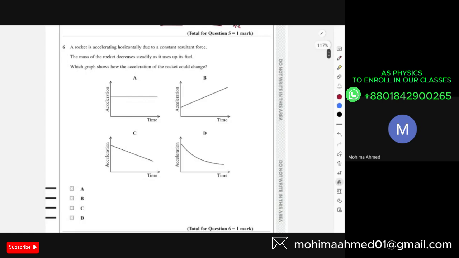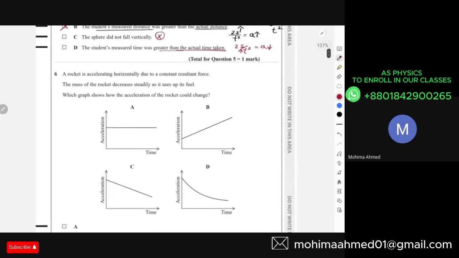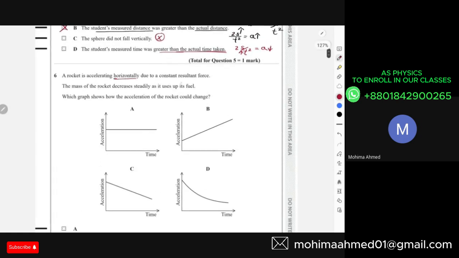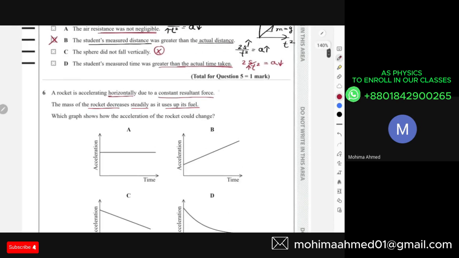Okay, then if you move on to your question 6, a rocket is accelerating horizontally due to a constant resultant force. The mass of the rocket decreases steadily as its fuel is used up. Which graph shows how the acceleration of the rocket could change? Okay, over here, resultant force is constant, right? That means RF equals MA.